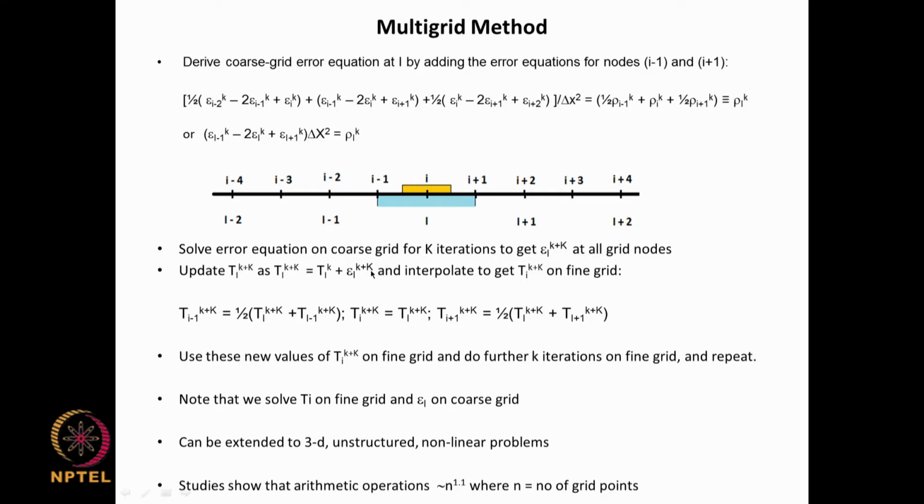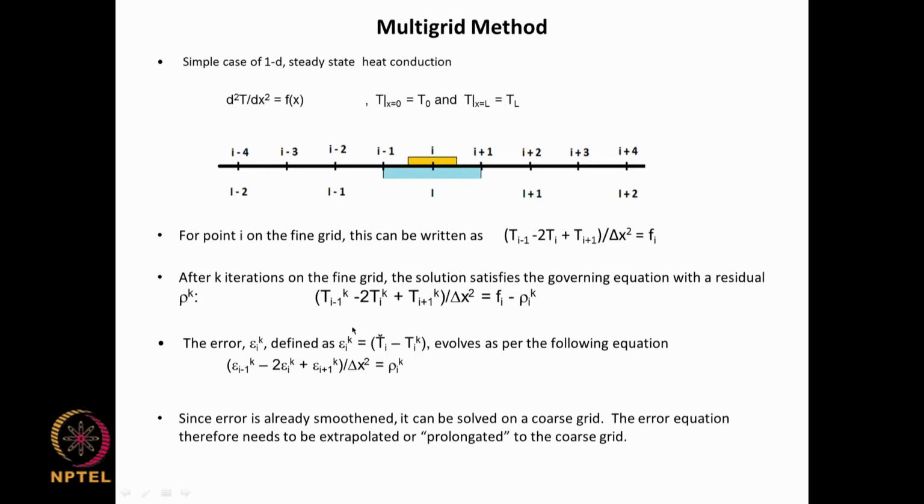Okay. So, if you go back to our definition here, we are saying that error is the true solution minus this one here. So, the true solution is this plus the error. So, we had this solution and we have now a revised estimate of error.